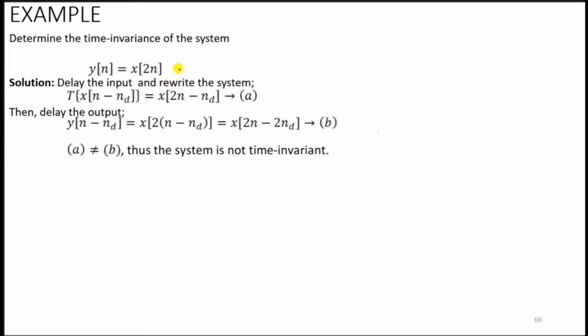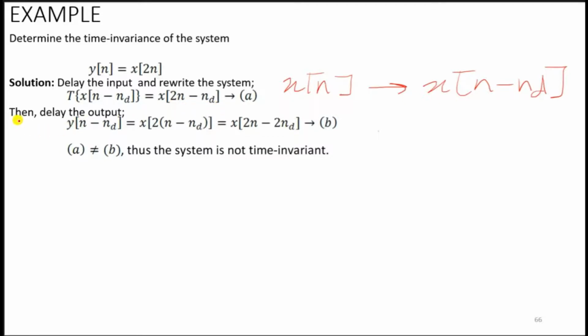So you have here another system, y[n] = x[2n]. Again, the first thing that you have to do is delay the input and rewrite the system. So when you delay the input, x[n] becomes x[n - nd], so x[2n] becomes x[2n - nd].